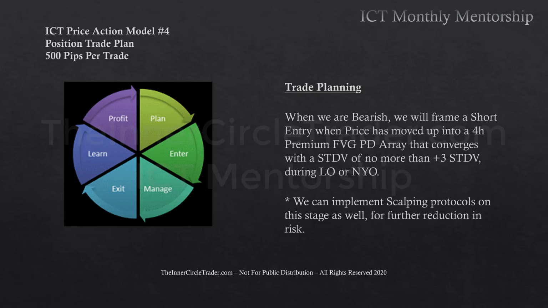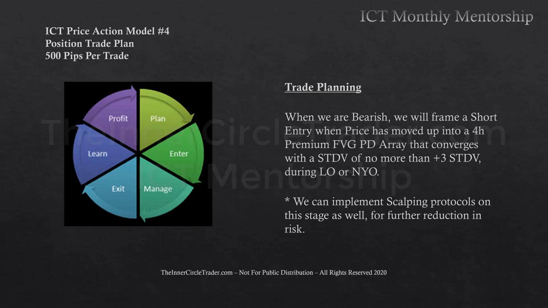When we are bearish, we will frame a short entry when price has moved up into a 4-hour premium fair value gap PD array that converges with a standard deviation of no more than +3 standard deviation during London or New York Open. We can implement scalping protocols at this stage as well for further reduction in risk.